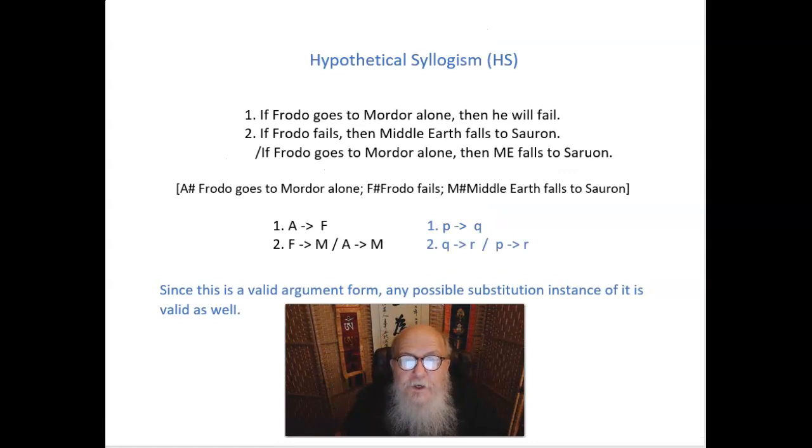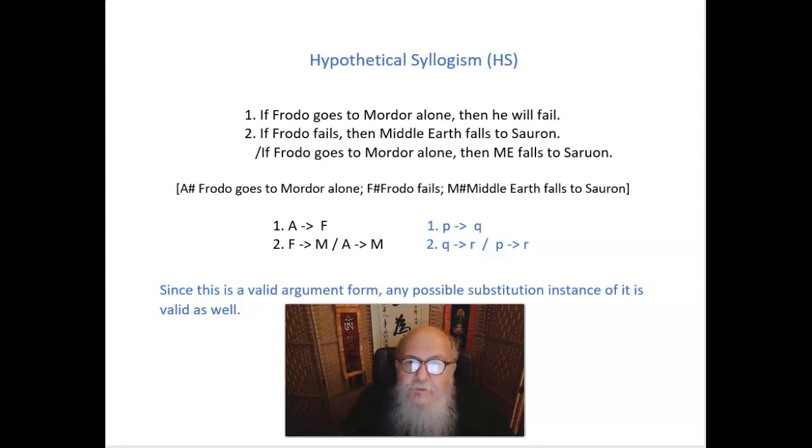Our third form has come to be known as hypothetical syllogism, abbreviated with the HS. It's called hypothetical because it involves conditionals. Conditionals are also called hypotheticals, or if-then propositions, while syllogism comes from the Greek words meaning to reason together. Consider this argument instance. If Frodo goes to Mordor alone, then he will fail. If Frodo fails, then Middle-earth falls to Sauron.